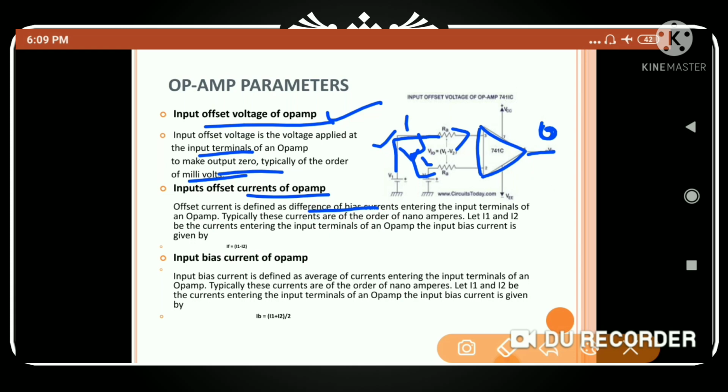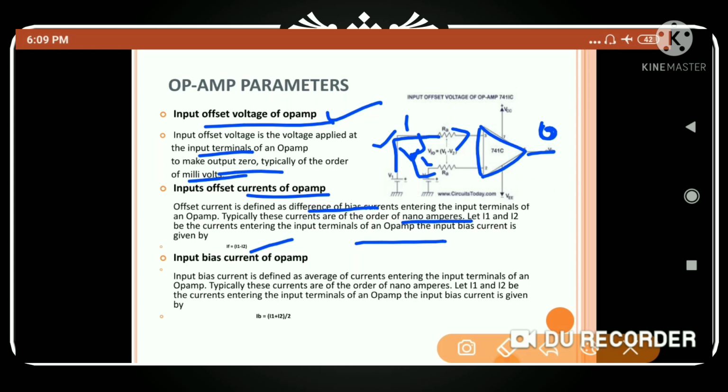These currents are in the order of nano amperes. Let I1 and I2 be the currents entering the input terminals of an op-amp. The input offset current is given by I1 minus I2. So these are the input currents of an op-amp.